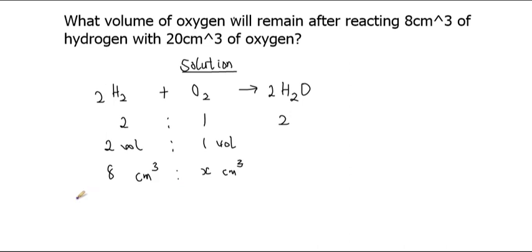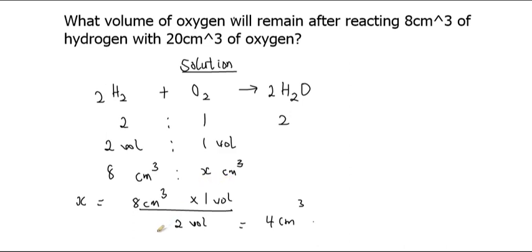So to get X, we'll just say X equals 8 cm³ times 1 volume divided by 2 volumes. So this gives us 4 cm³. That means 8 cm³ of hydrogen gas will require 4 cm³ of oxygen gas for the complete reaction to take place.